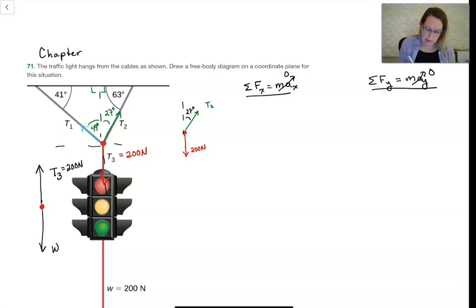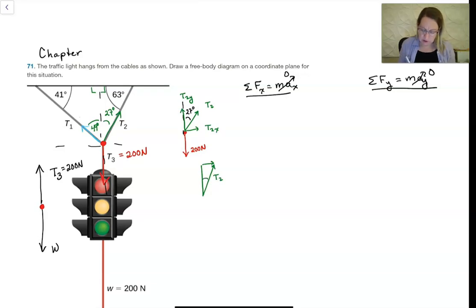And then I can realize it's got an X component, T2X, and a Y component, T2Y. And if we're careful about our trig, I'm just going to look at T2 for a minute, then we can say that, here, this is a little clearer, like this. This is T2, that angle is 27 degrees.